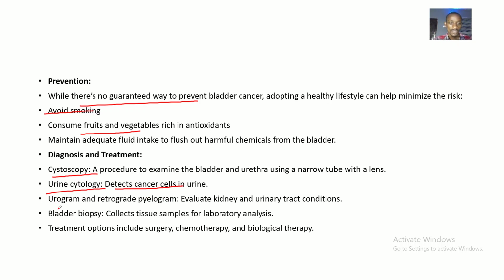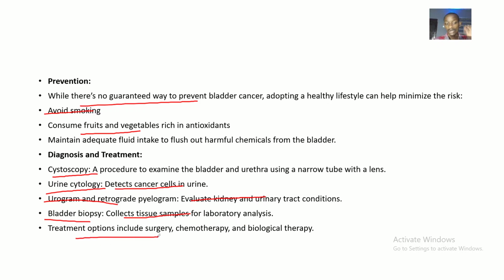We have urogram and retrograde pyelogram, which evaluate the kidney and urinary tract conditions. We have bladder biopsy. A biopsy is basically taking cells from that part of the body to test for any abnormality, so you collect tissue samples for laboratory analysis.